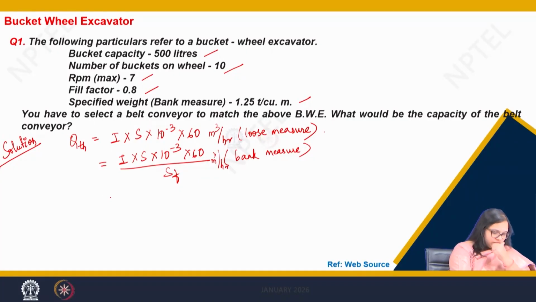Now, if I have to find the theoretical capacity of the buckets with respect to the bank measure, what do I do?